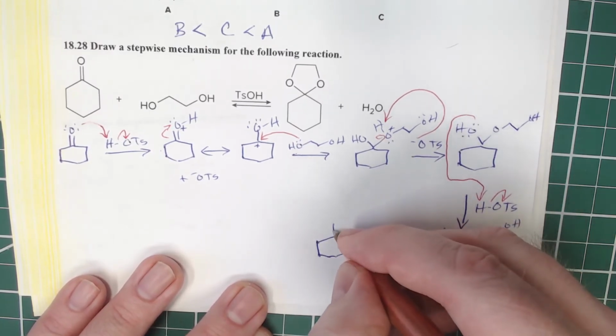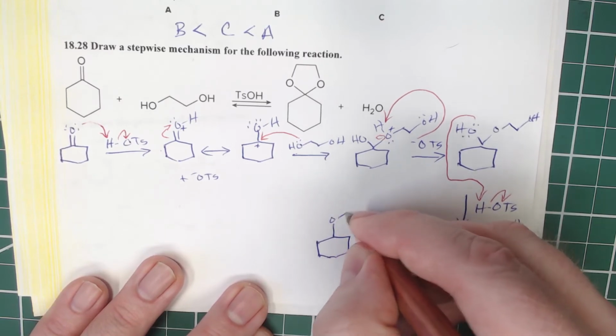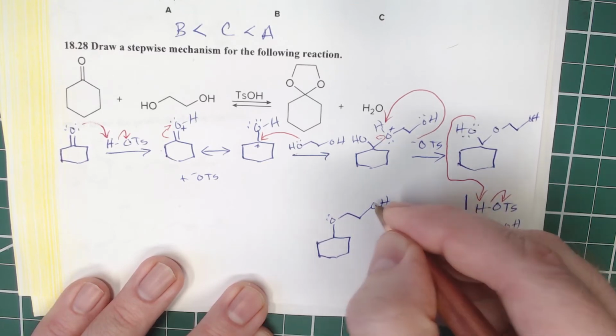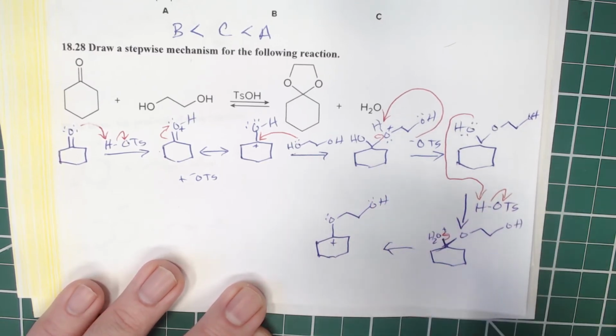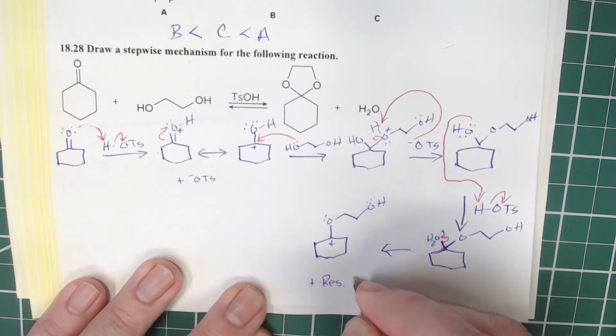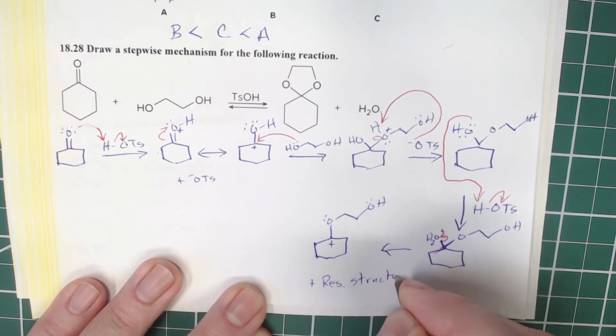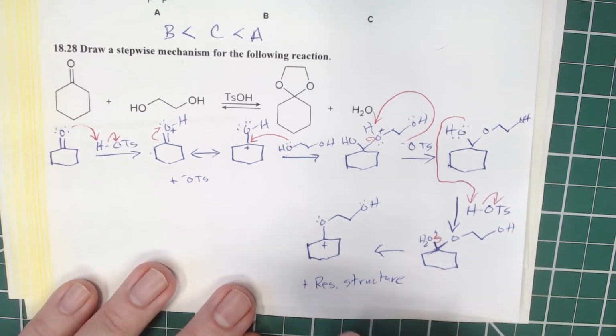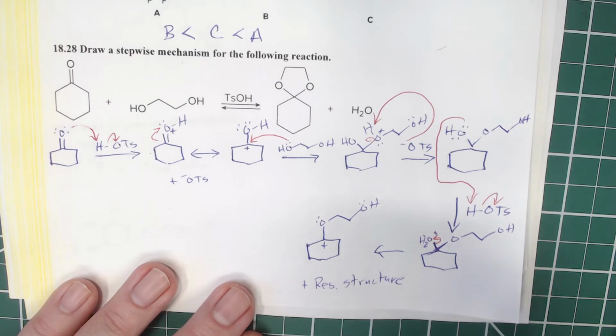I'm going to put a plus resonance structure down here. I'm not going to actually draw that resonance structure, but there is another resonance structure there. So we've done loss of water.